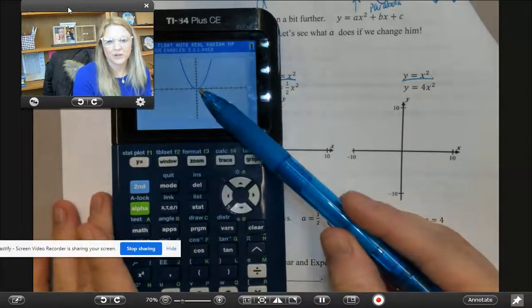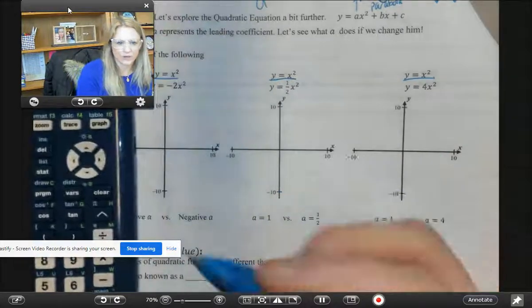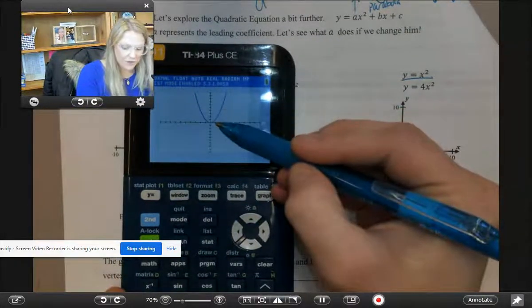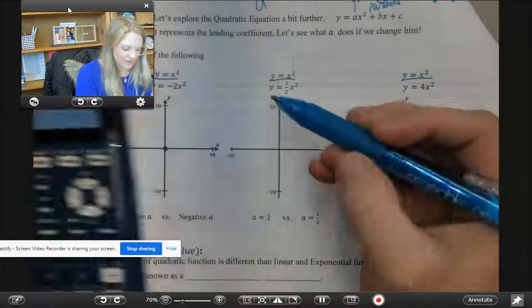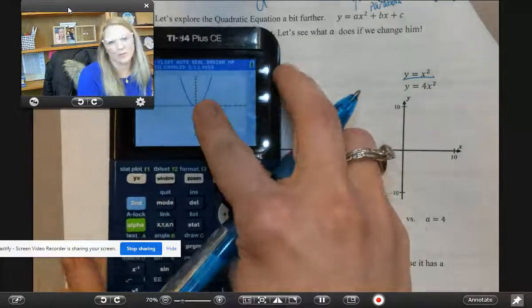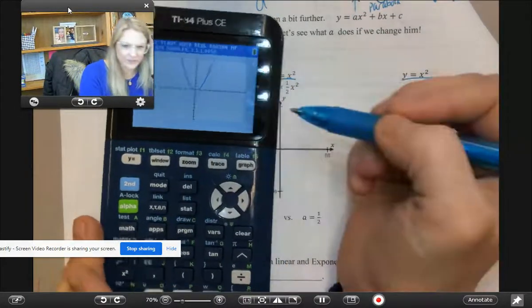Okay, so you'll notice the parabola starts at 0, 0. That's where your turning point is. Okay, and then it goes to 1, 1, and negative 1, negative 1. Okay, so it's pretty symmetrical. All parabolas are, and then it keeps going up, and by the time you're at 4, you're at 10.